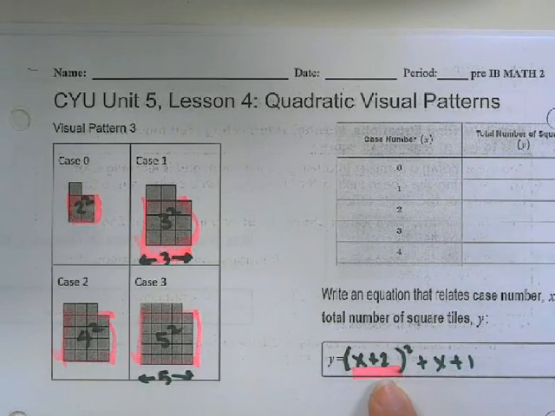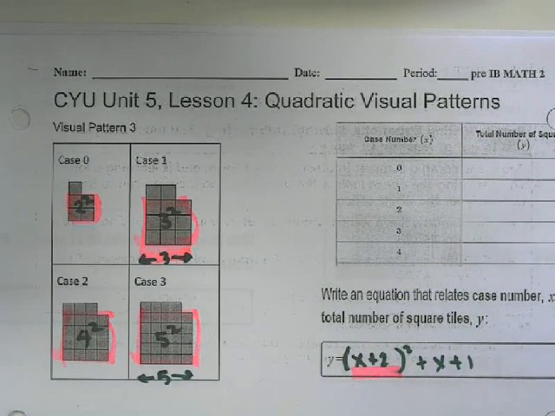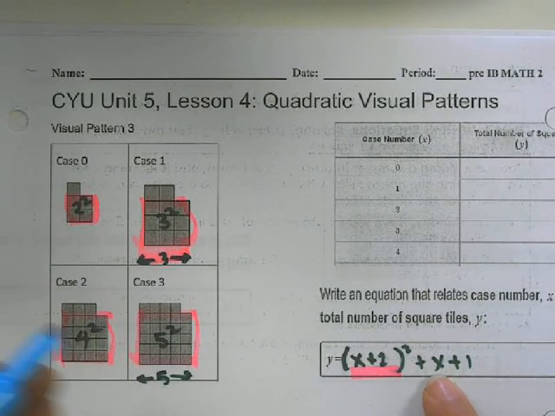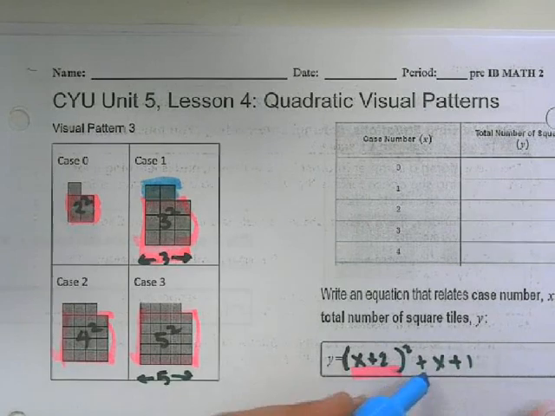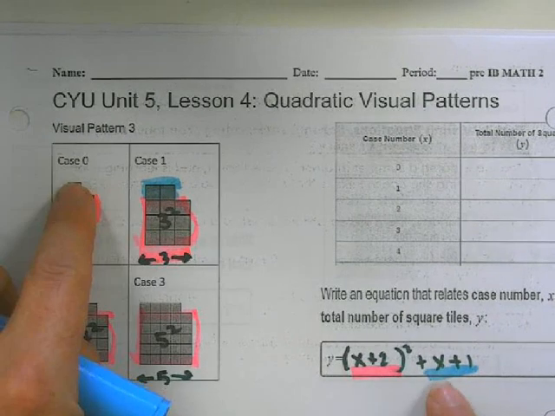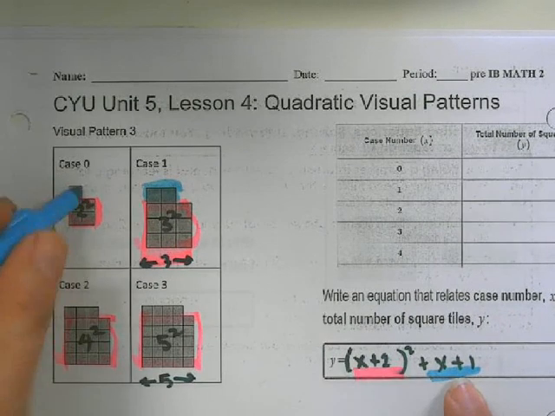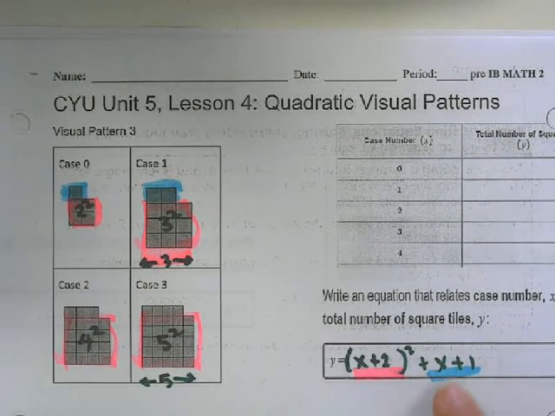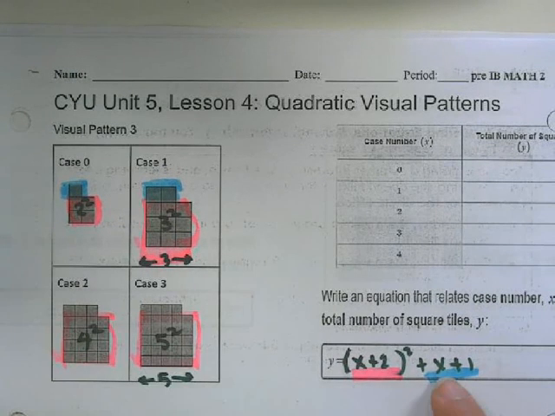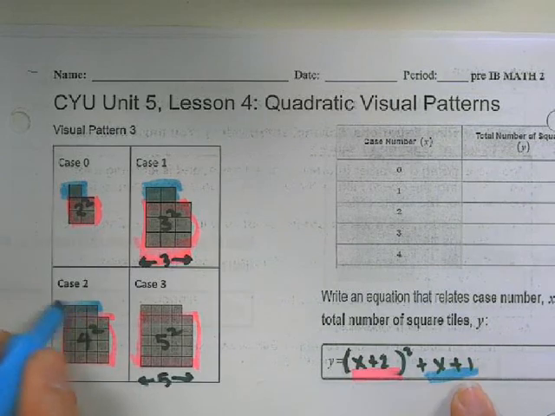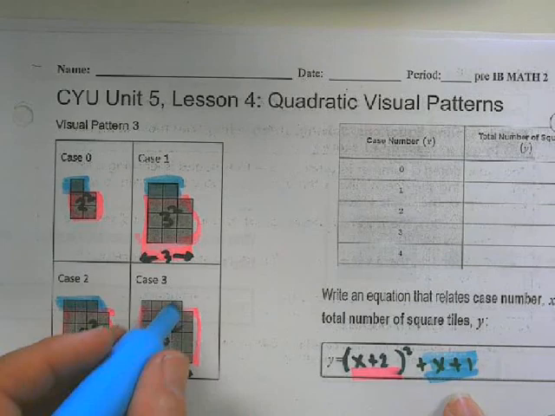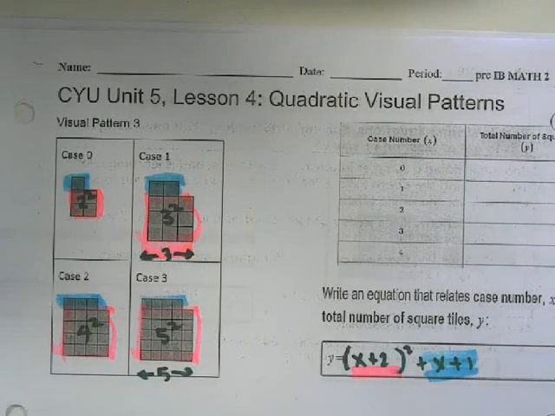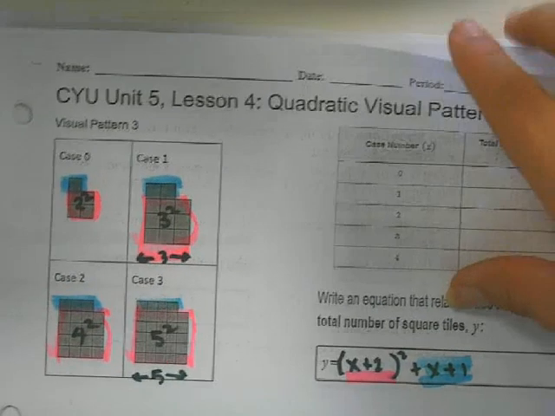Now, when I play this over a few times, for example, in case 1, we've got 2 extra squares. In case 0, we had 1 extra square. In case 2, we plugged in 2 here, and we have 2 plus 1. We have 3 extra squares, and so on. Okay, you may want to press rewind and listen to this again if you need to.